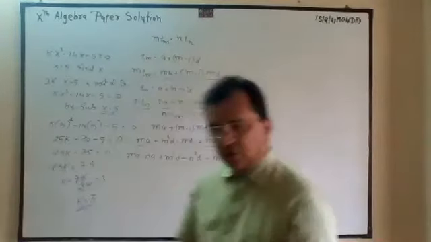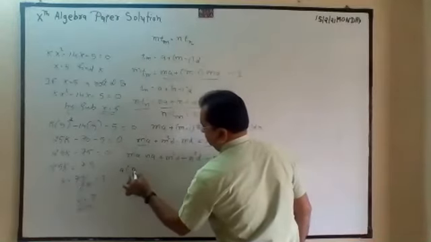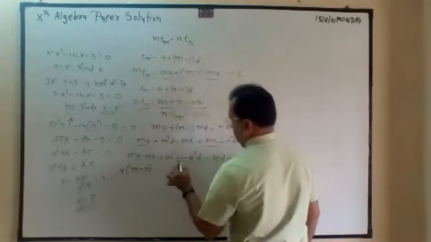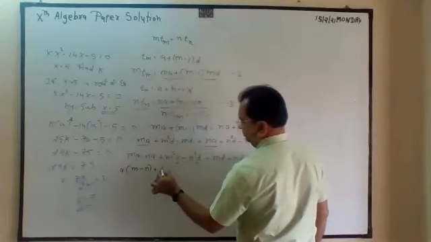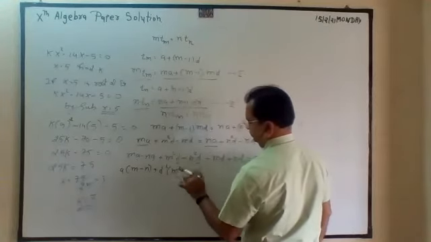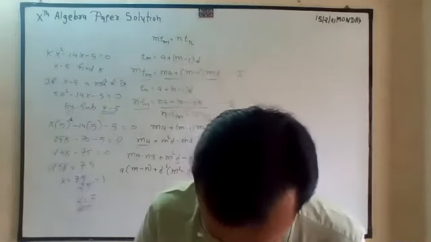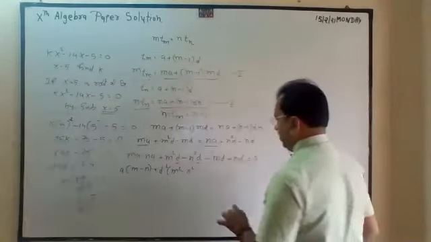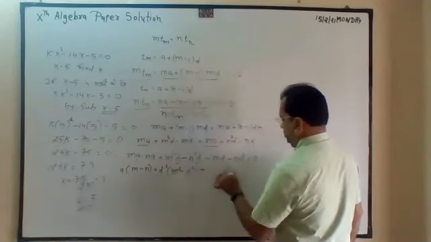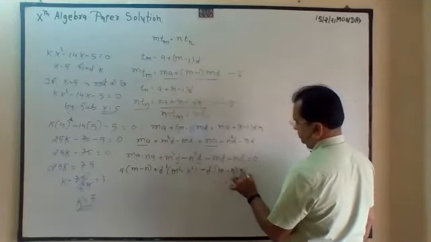Now among these we can take a common, among this d common, correct, and minus d common.